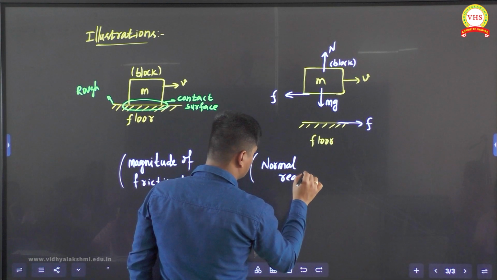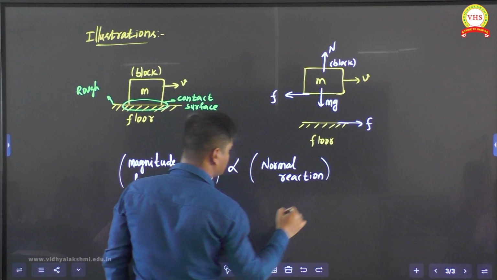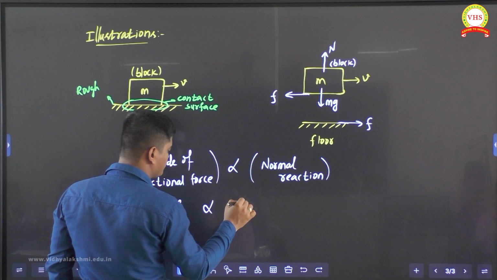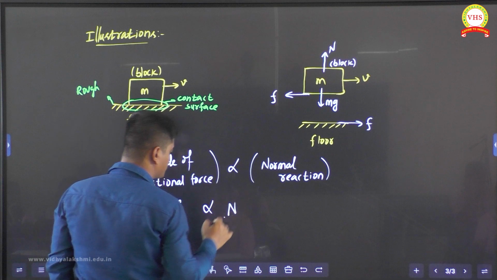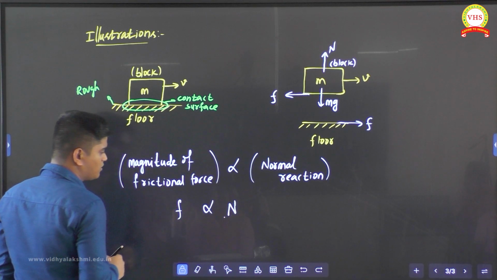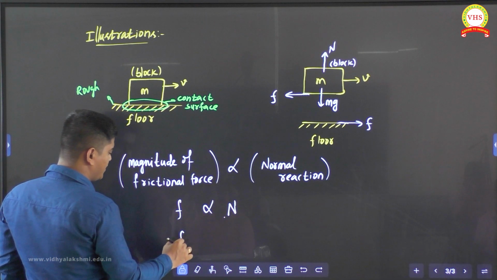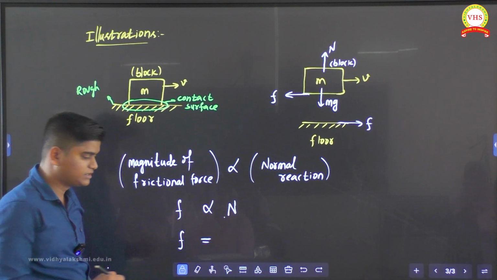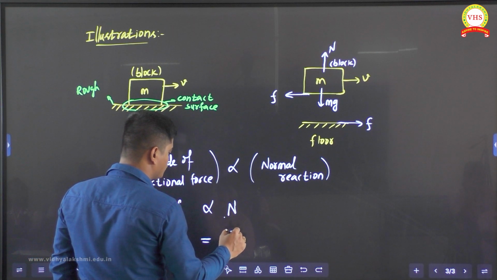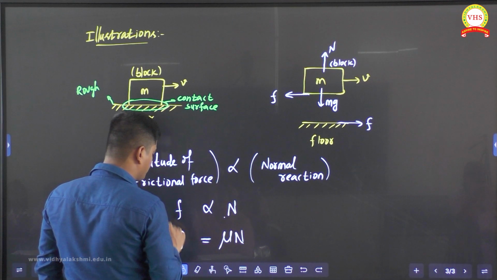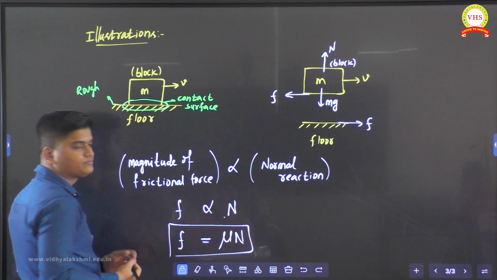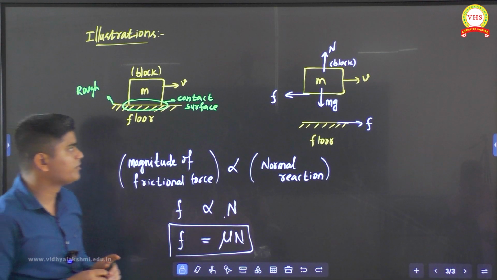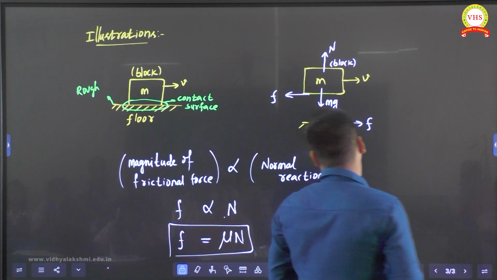F is directly proportional to N, the normal reaction. And if you want to remove this proportionality symbol, then you have to give a constant, right? That constant, let's take mu. Mu times N. So frictional force equals mu times N. Yes or no? Mu into normal reaction.